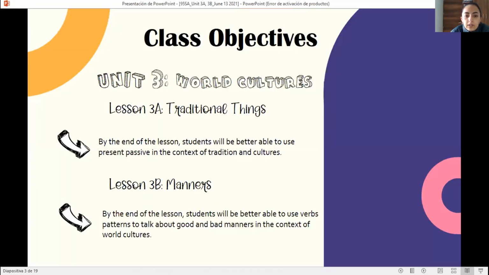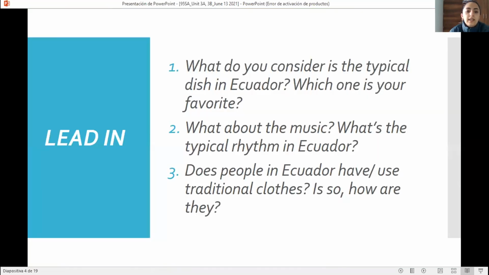Okay, guys, so we did the exercise and now here I have 3 questions. You're going to have a few minutes to think about these questions. First, what do you consider is the typical dish in Ecuador and which one is your favorite?